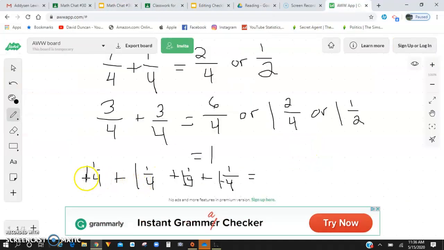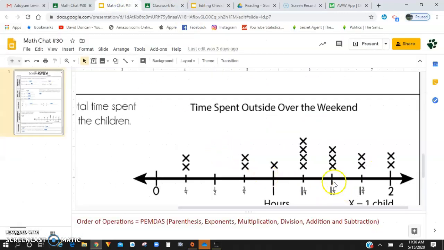Yes. So I have 4 wholes, and then I have 4/4, so I have 4 4/4, which is the exact same as saying 5 wholes. So right now I have 1/2, I have 1 1/2, I have 1, I have 5.